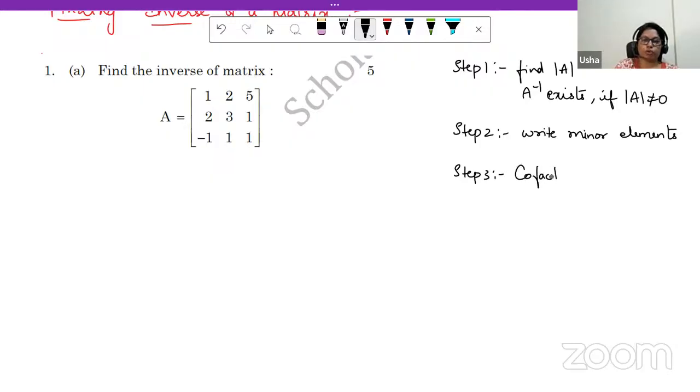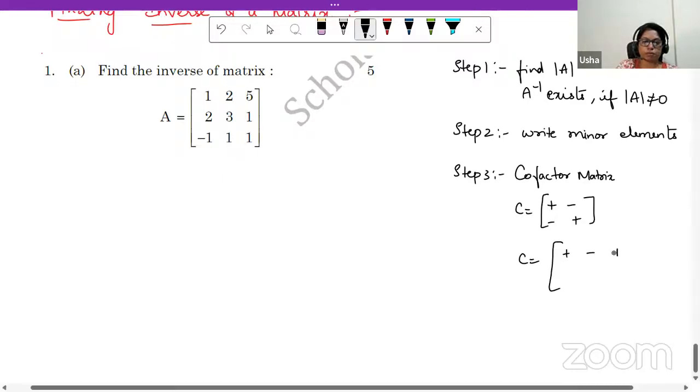For the cofactor matrix, you should attach signs. For a 2 cross 2 matrix the signs are plus minus minus plus with the minor elements. If it's a 3 cross 3 matrix, it is plus minus plus, minus plus minus, plus minus plus with the minor elements. That is step 3.